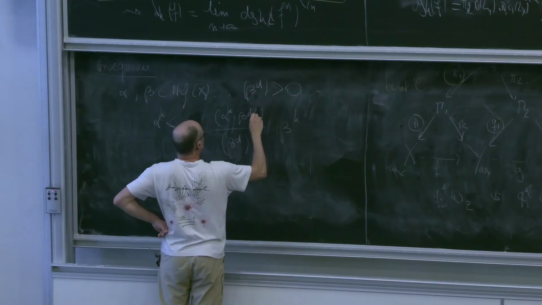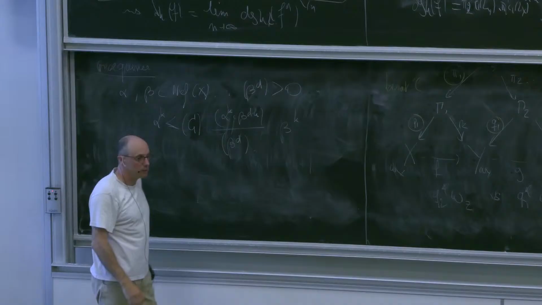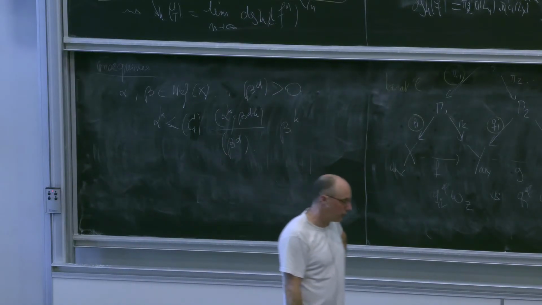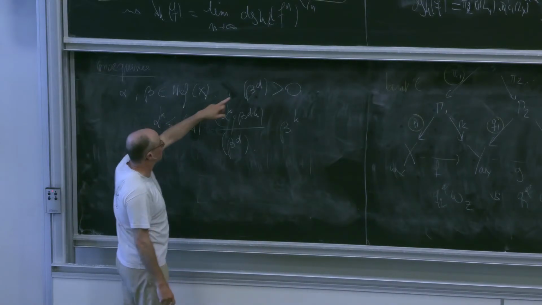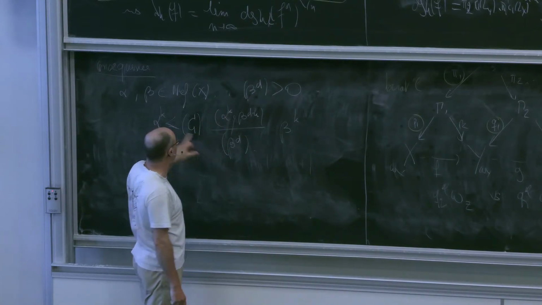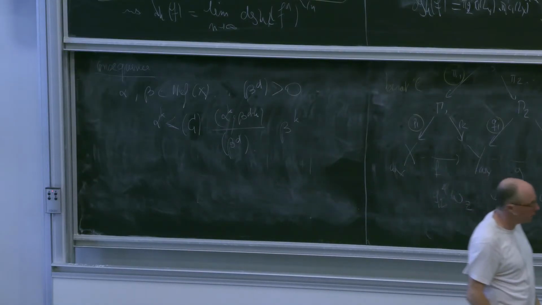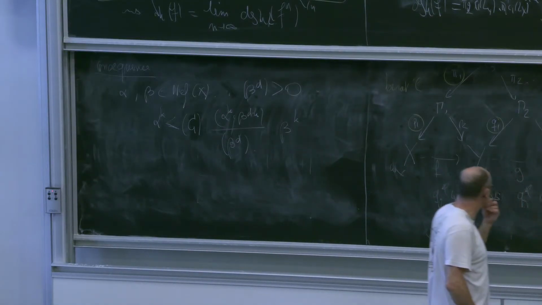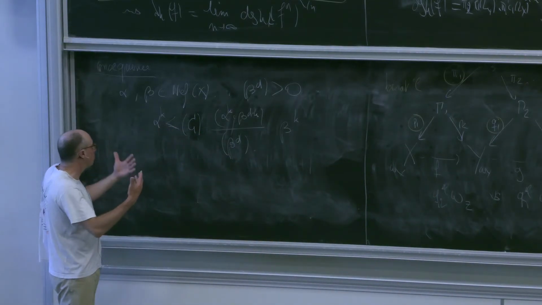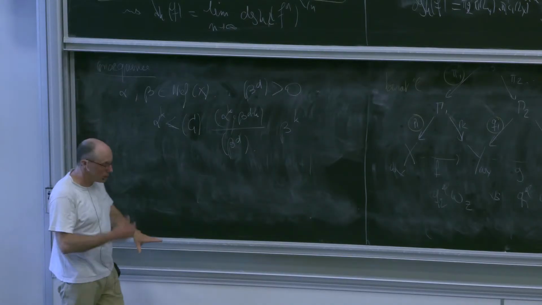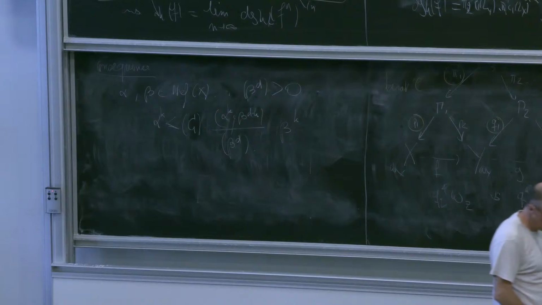Here, the statement is that there exists some constant, which is universal and depends only on the dimension d, such that for any alpha and beta nef, such that the volume is positive, so beta to d is positive, you have something like this. The proof is given in the paper by Dinh and Nguyen, and it is a direct consequence of Siu's inequality, but you have to apply it several times in a clever way.